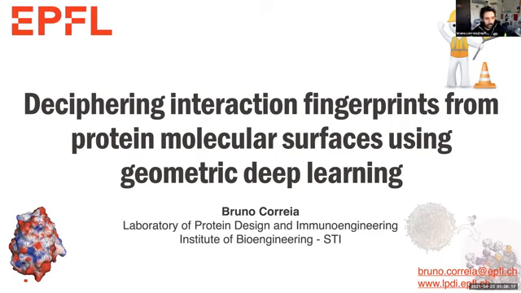Today we're going to talk about what we commonly refer to in the lab as surface fingerprints. We've used geometric deep learning to study what types of functional features surface fingerprints in protein structures can teach us.